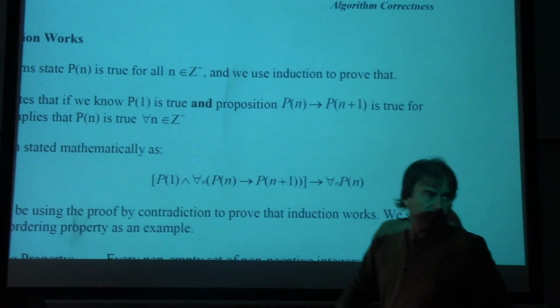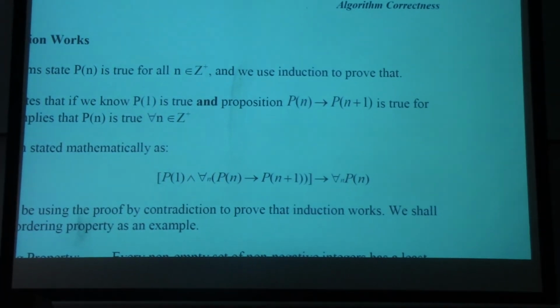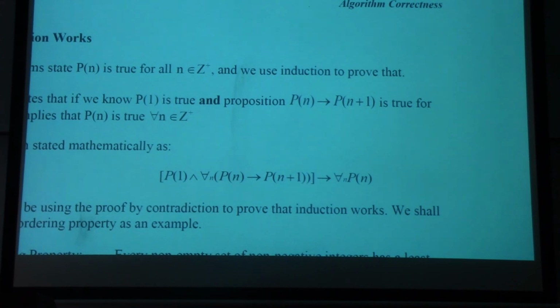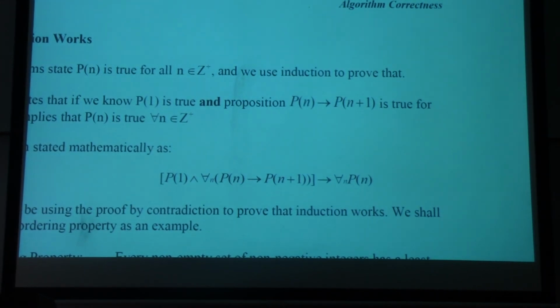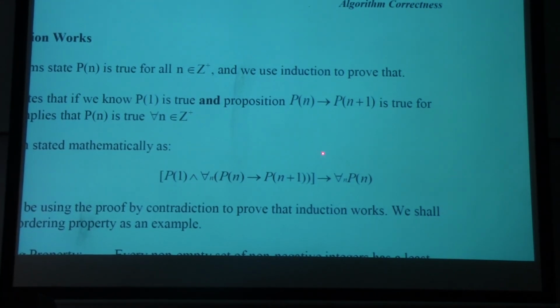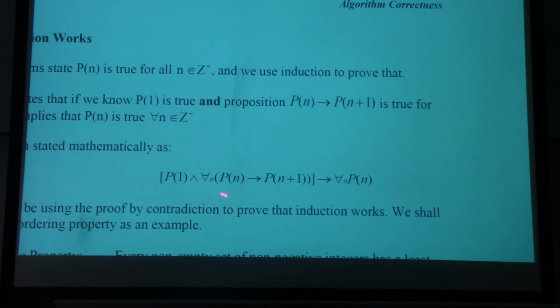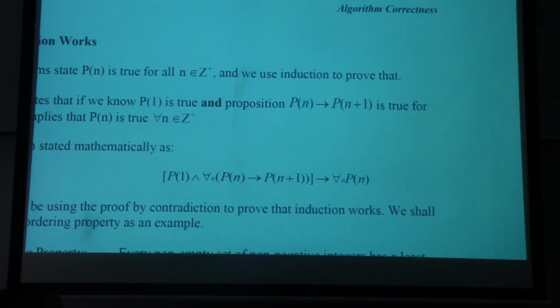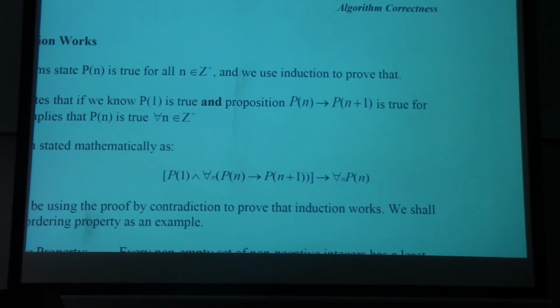This is the basis. Basis is true. If basis is false, we're done. Basis is true. This is P of n implies P of n plus 1. What is this? That's the assumption and the completion step.